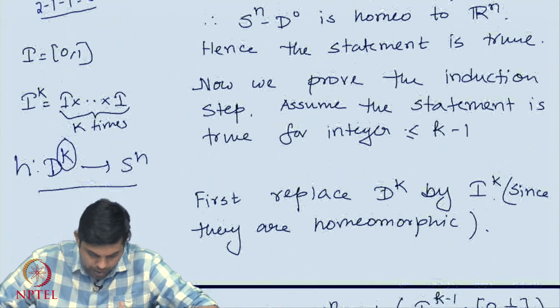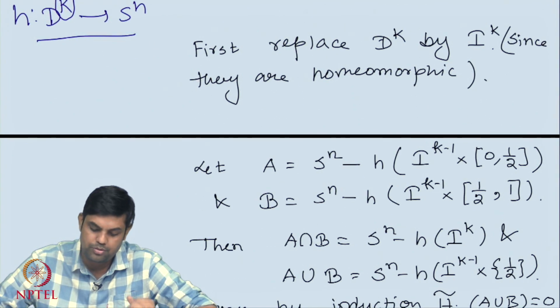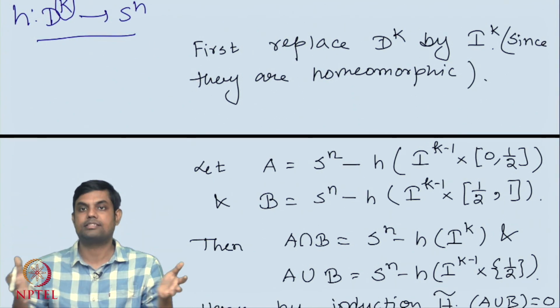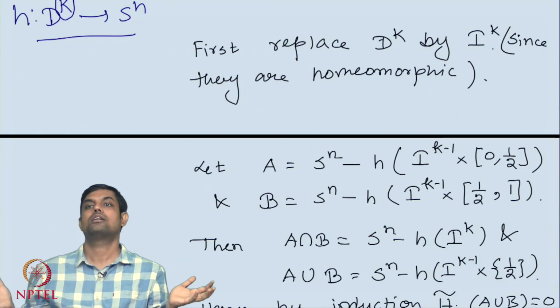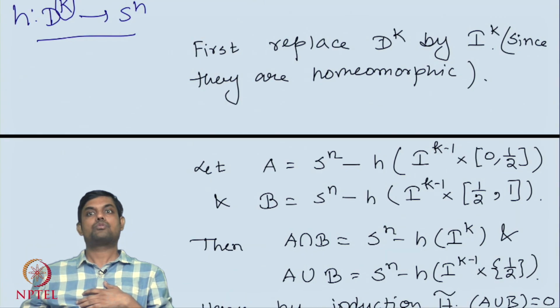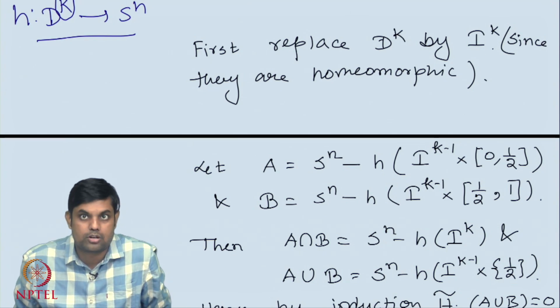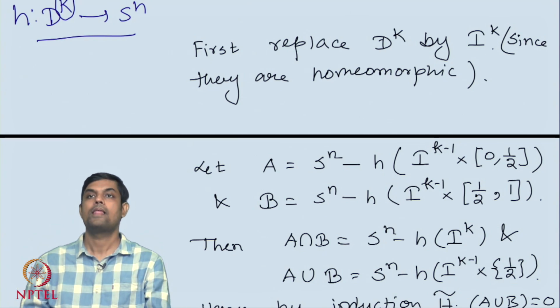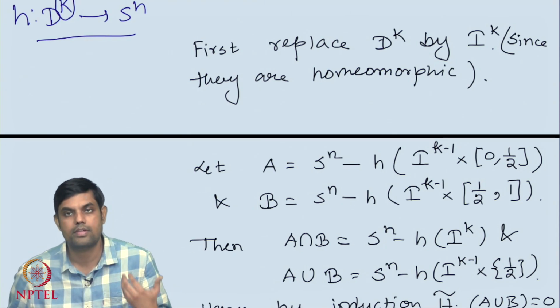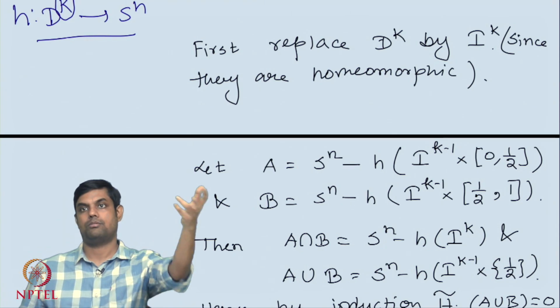Okay. One of the tricks, the first trick that we are going to do, is to replace the closed disk by closed boxes. These two are homeomorphic, so I do not have any problem. If I can prove it for the closed disk, it will be true for a homeomorphic copy of it. So, replace D^k by I^k, and we know that homology and all this machinery is invariant under homeomorphism, so the result will still be true.